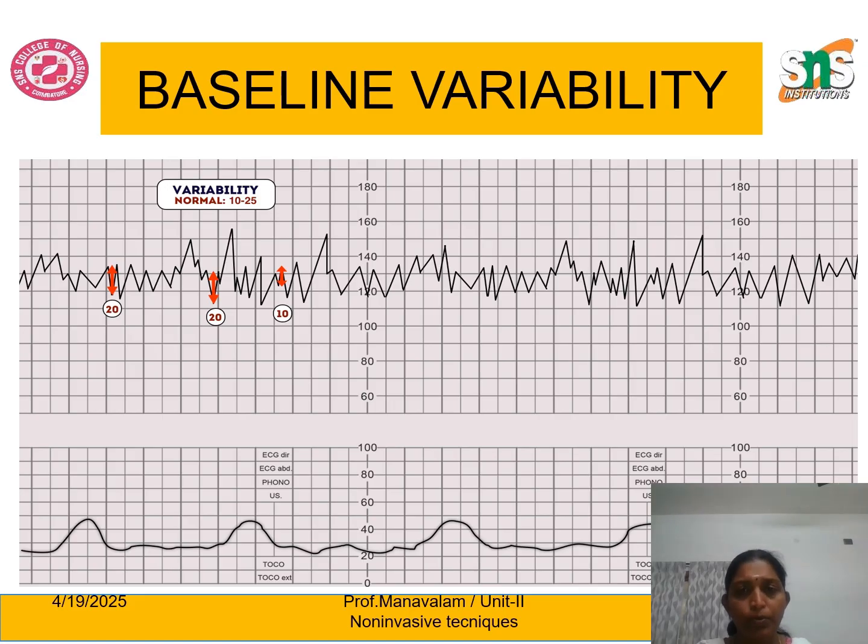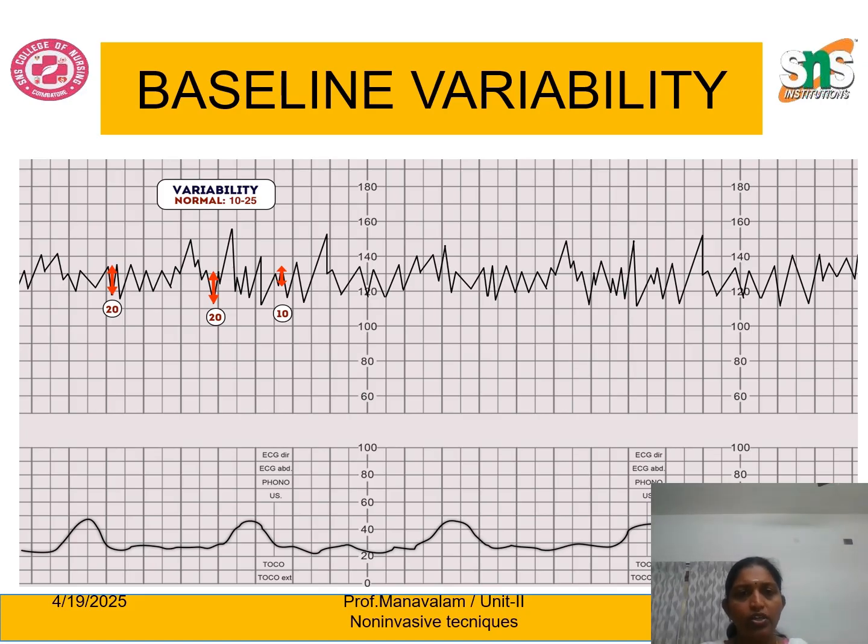It is a normal thing and it should be present in every fetus. Only then is it considered normal. No one has a heart rate at the same level. There must be a difference between each beat. That is called variability.